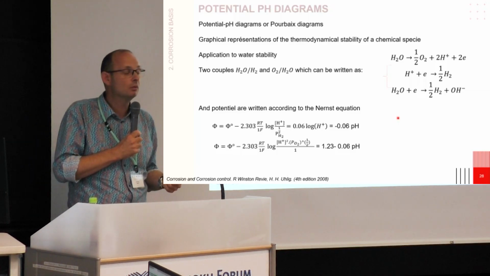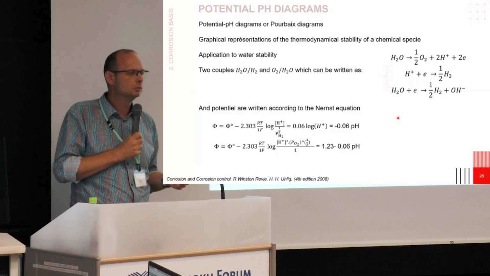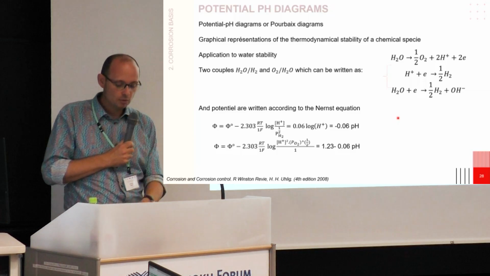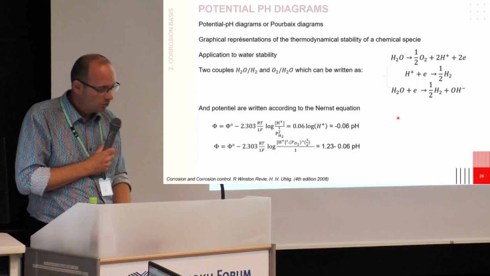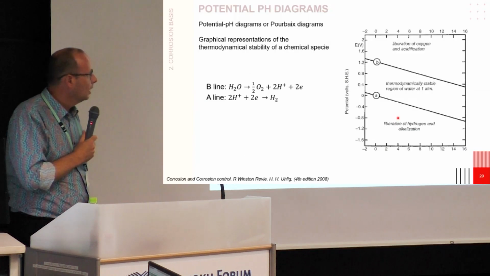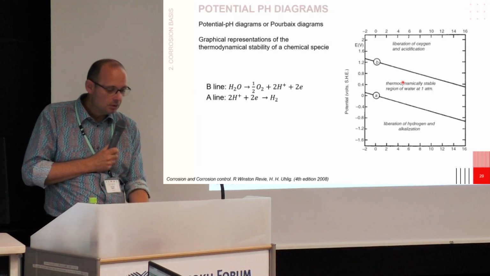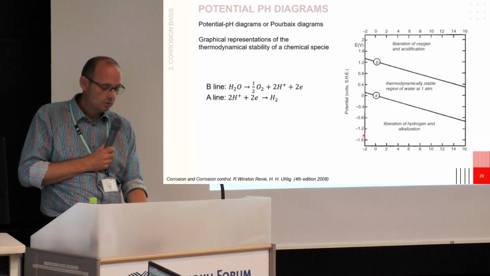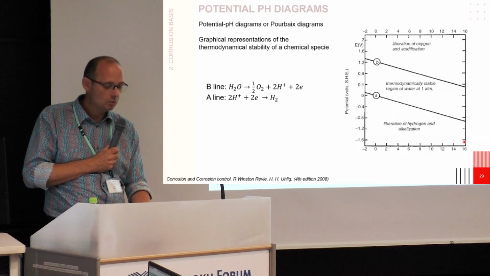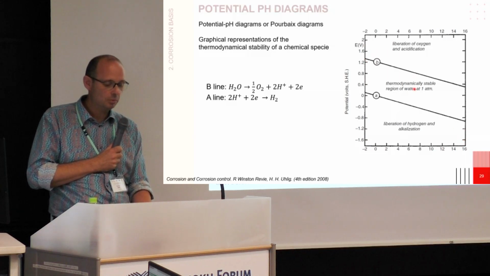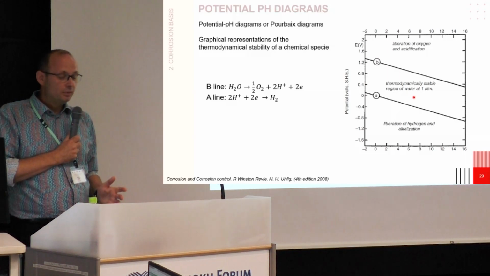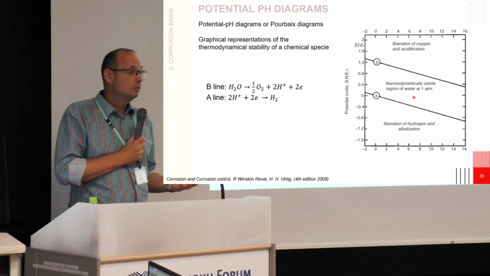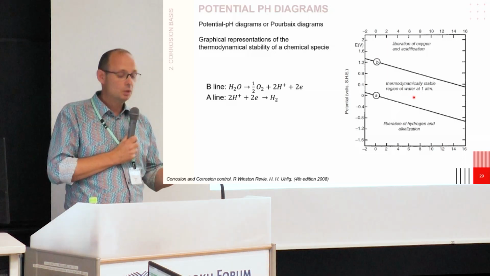So the first point is: is water stable if we change the potential of the solution and if we change the pH? There are some equations, I will not go there, but what is important to keep in mind is that in the Pourbaix diagram, this is a potential scale and a pH scale, on which you will always have two parallel lines, which define the stability domain of water molecules.